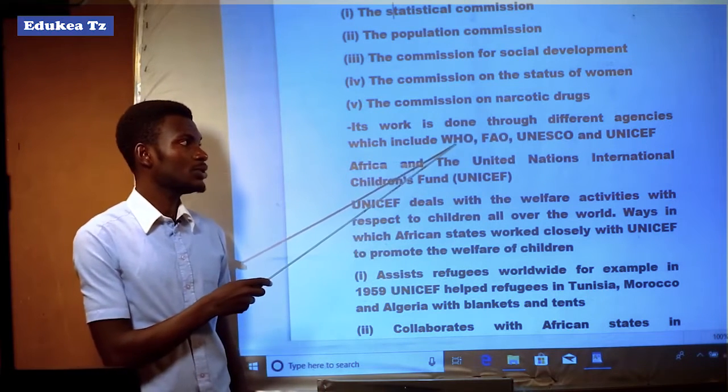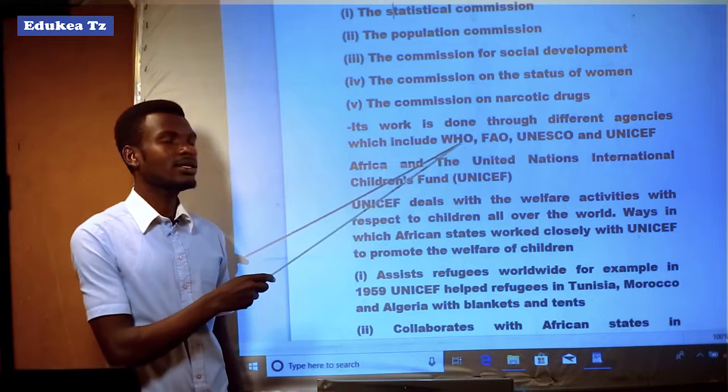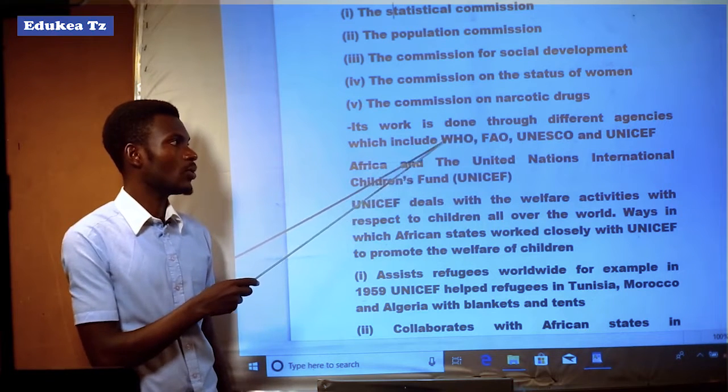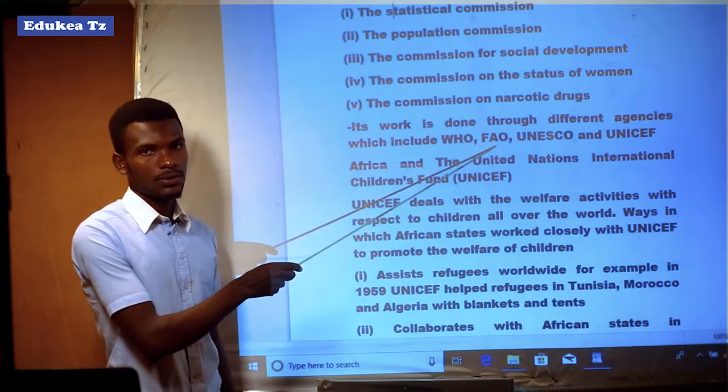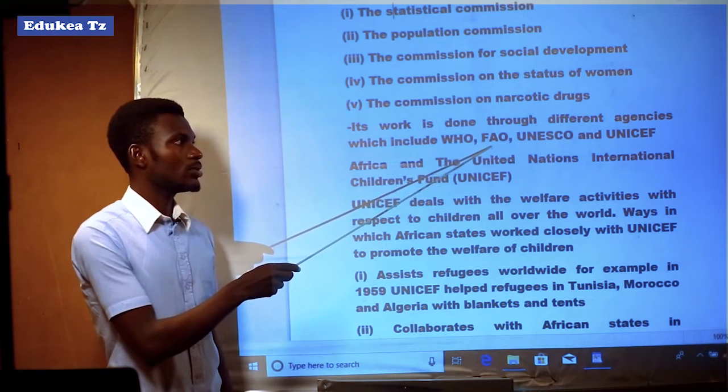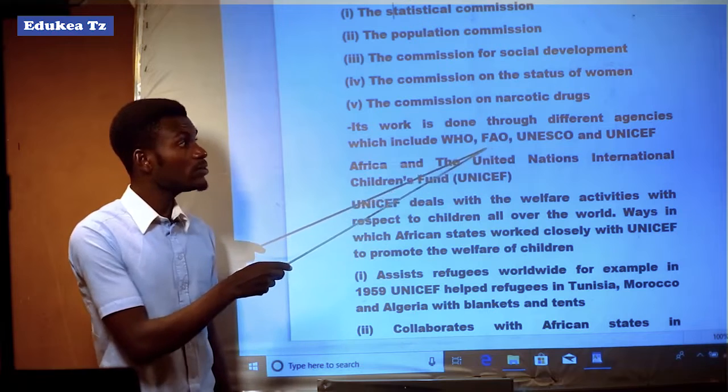As we see, WHO, the World Health Organization, deals with health provision, and FAO deals with food and agriculture.